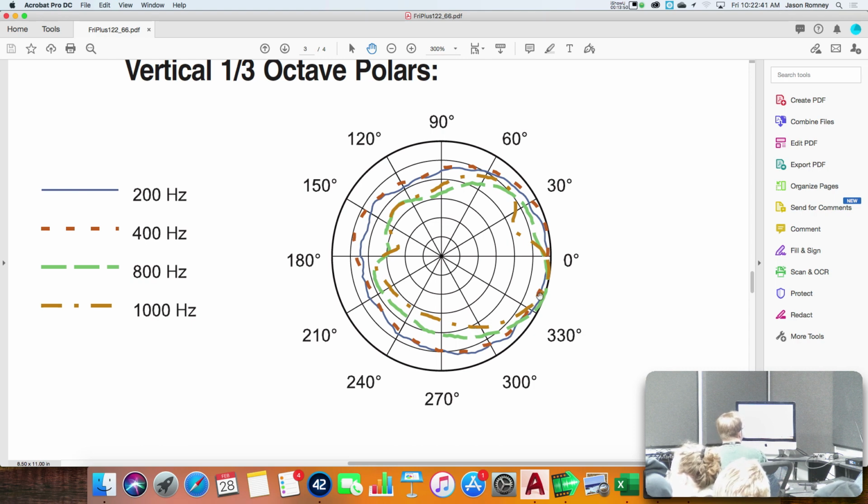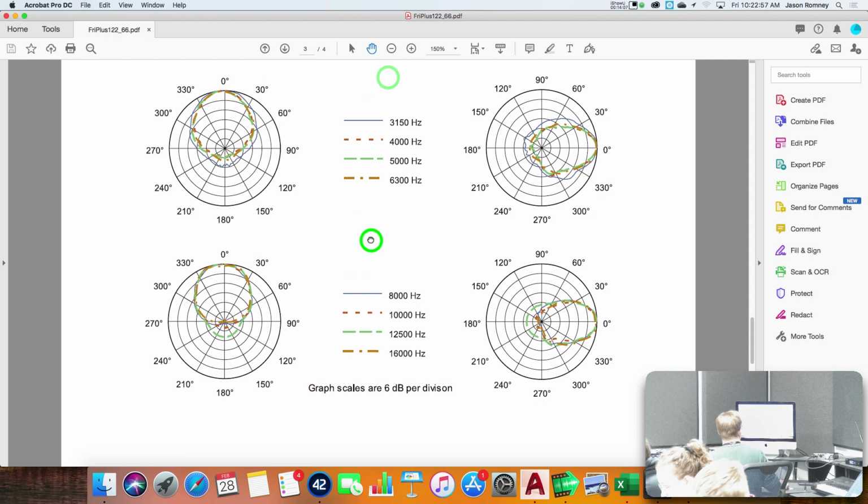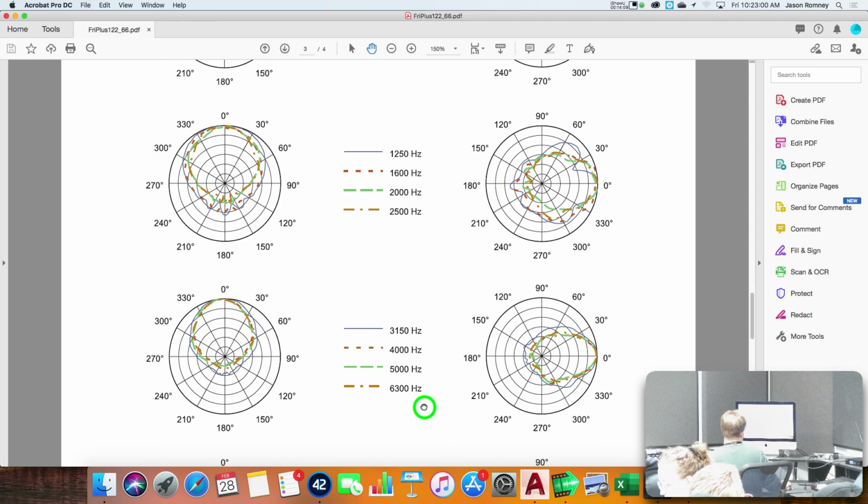So 33 degrees would be about here, right? Now the question is, how much do I lose at each of these lines? 6 dB. Is that what it says at the bottom? Wait, watch me do it right. 6 dB per division. You are right.